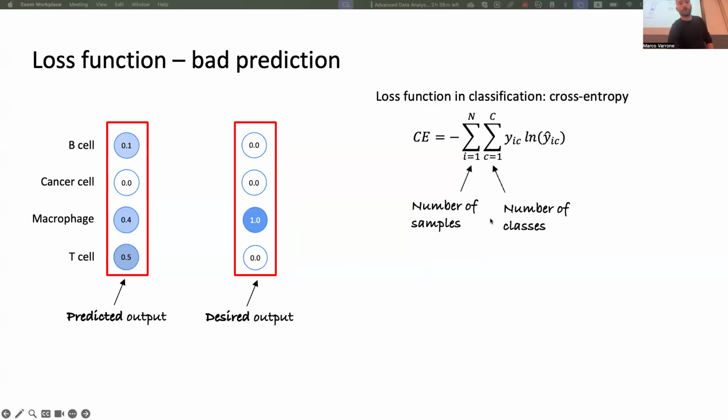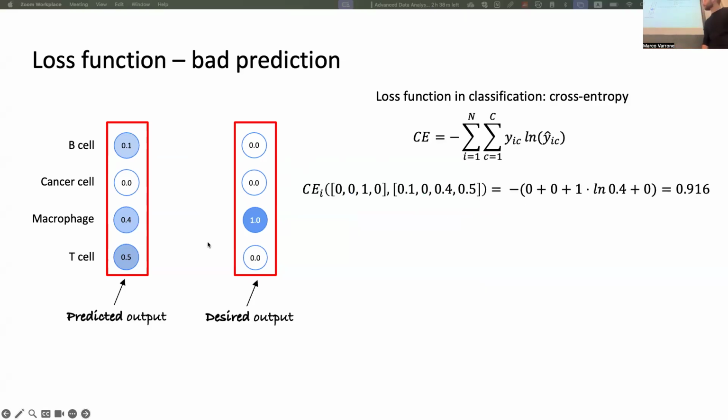And so you sum over all the samples, meaning all the cells, and over all the classes, so B cells, cancer cells, macrophages, and T cells, and you multiply the desired label, the desired probability, by the natural logarithm of the predicted one. So here, for example, for only this sample it is going to be 0 times the logarithm of 0.1, plus 0 times the logarithm of 0, plus 1 times the logarithm of 0.4, and so on.